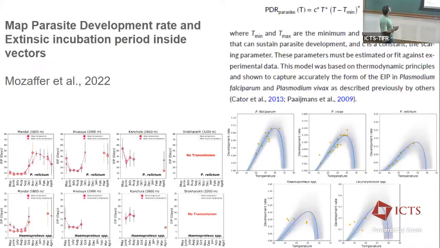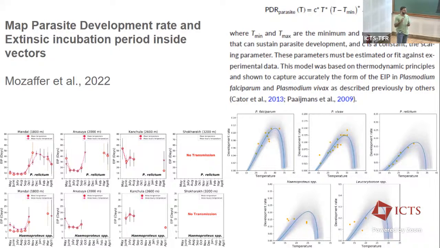Yeah. So it's a very interesting study that Farah was also involved in. I think somebody asked how much time the parasite takes in the vector and how it is dependent. There's something called the parasite development rate inside the vector's body.